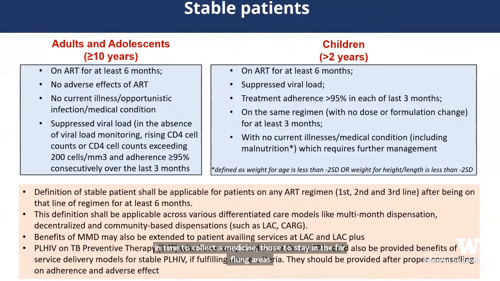So I'll just respond to that quickly, ma'am. If you read this one slide in our own guidelines, why this stable concept for children had come up is, see the third point under children greater than 2 years, if a child is on the same regimen with no dose or formulation change for at least 3 months.